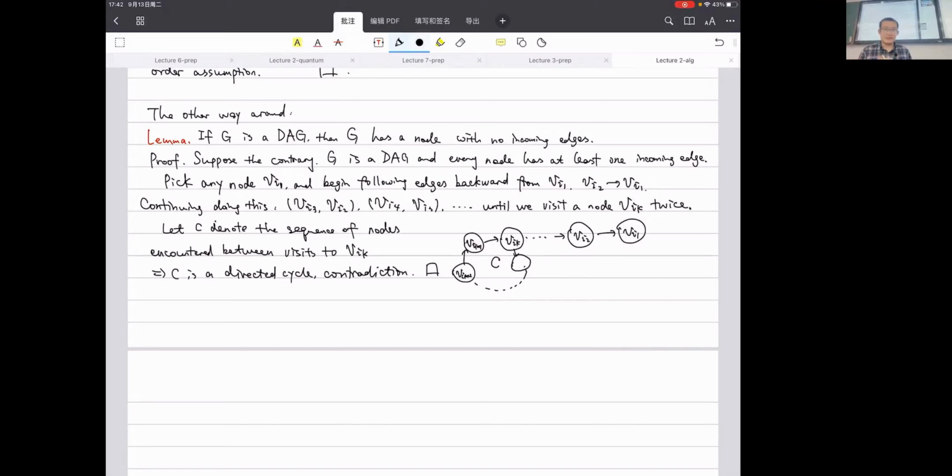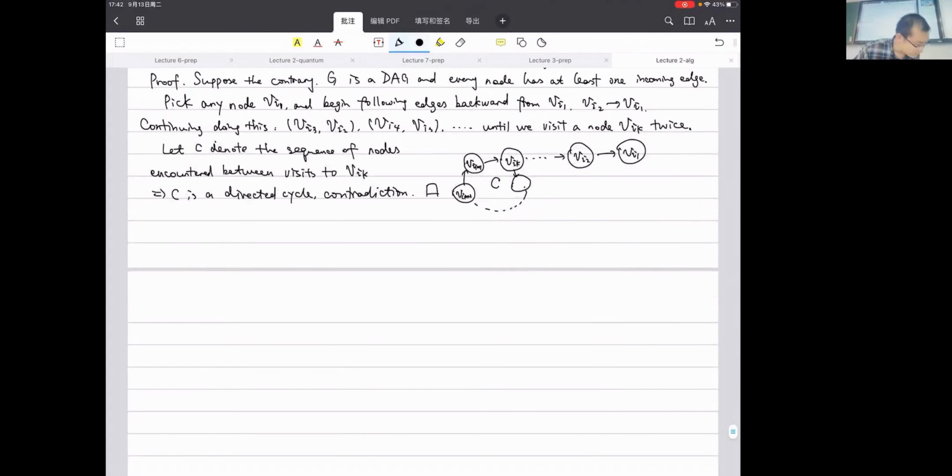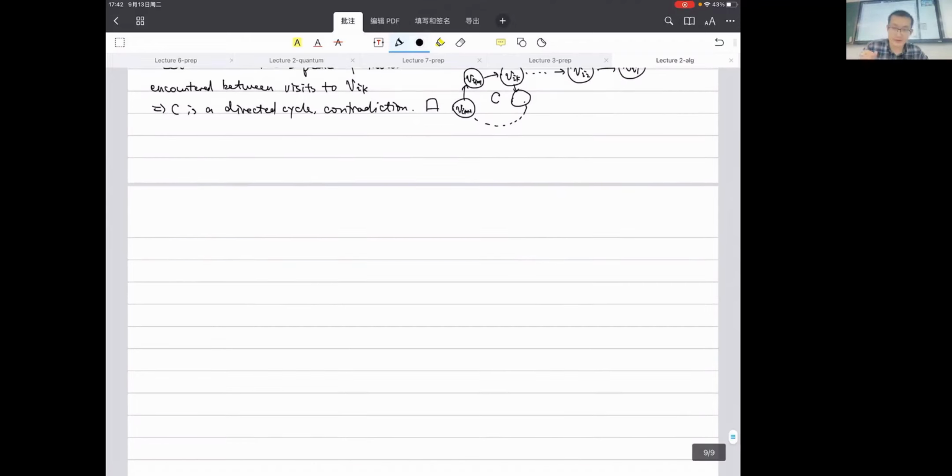In this class I am going to use theorems, lemmas, and maybe occasionally propositions. In general, theorems should be at a higher level than lemmas, and I think a theorem is higher than a proposition, and a proposition is higher than a lemma typically. This is also true in writing academic papers.